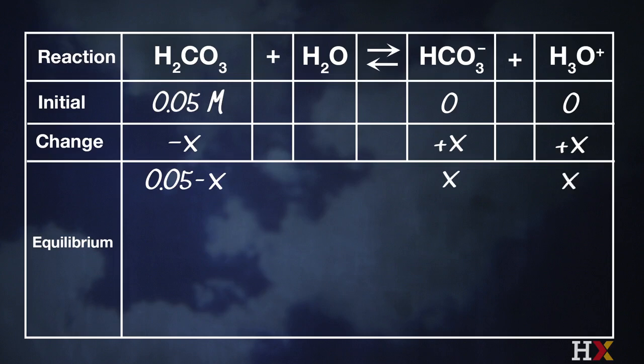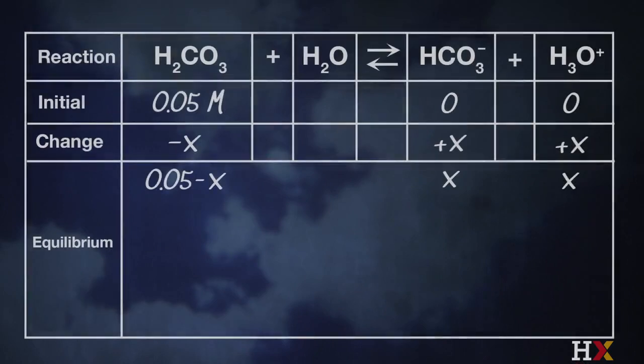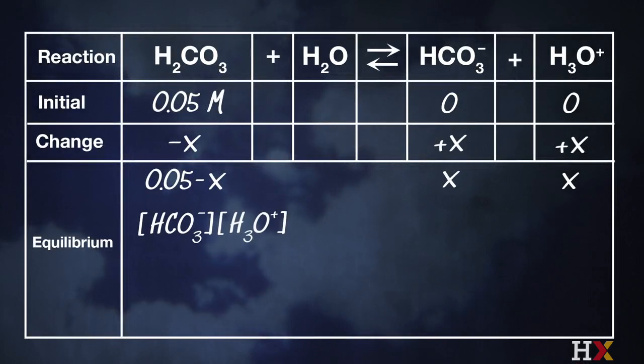But now we have the equilibrium constant, so we can immediately calculate the concentrations. So we have the concentration of the bicarbonate anion times the concentration of H3O+ divided by the concentration of carbonic acid, and that's equal to our first acid dissociation constant, because we've removed the first hydrogen from carbonic acid.